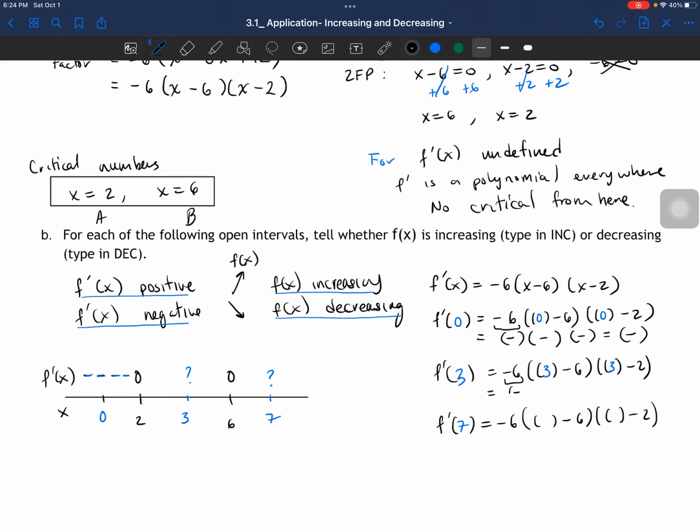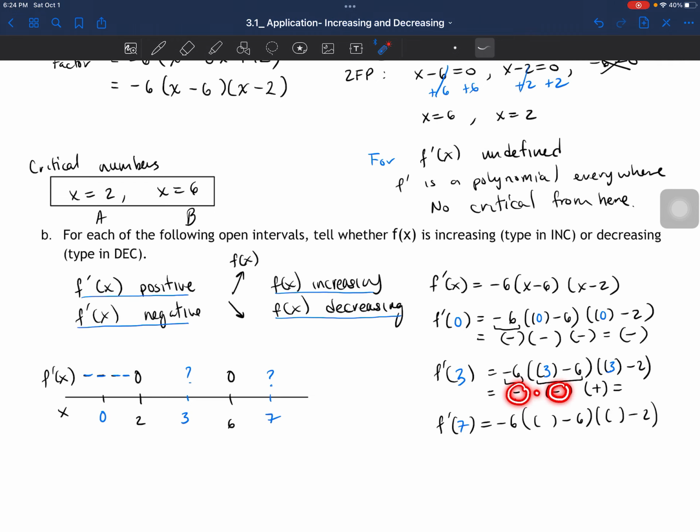Same thing here. We have that negative 6 is going to be a negative number. We know that 3 minus 6 is also a negative number. And we know that 3 minus 2 is actually positive 1, so that's going to give us a positive number. Because we don't actually care about the actual value, we just care whether it is positive or negative, we can get away with this.